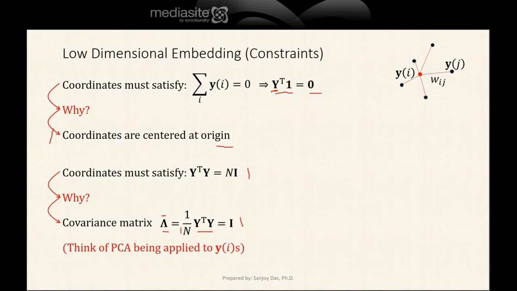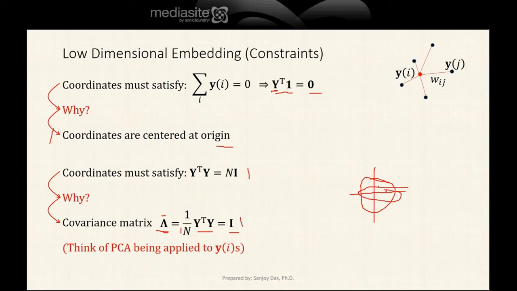Now, if you appropriately scale the axes, the principal components, then the covariance matrix will turn out to be the identity matrix. In other words, that would mean that all the points are scattered around a sphere. They're not like an ellipse or something. So that's what it means.